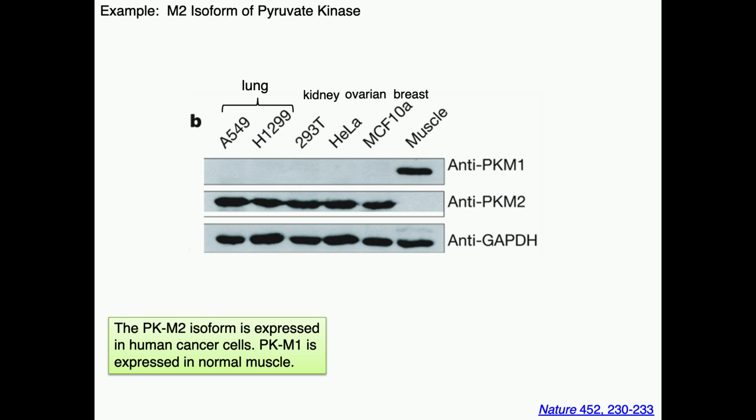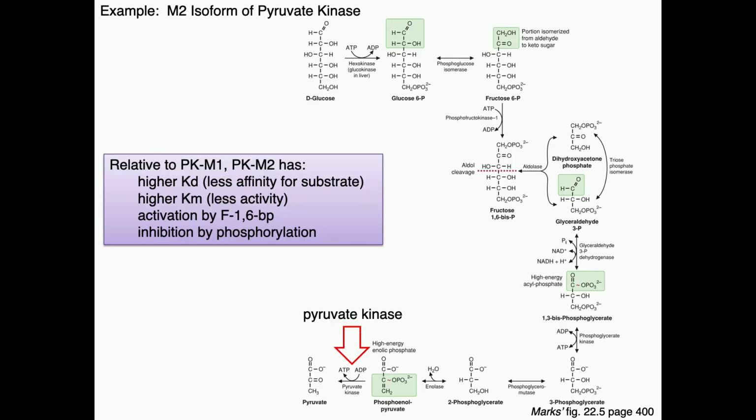What are these? Yep, so these are all cell lines that are derived from human cancers of different types. They all have switched to this embryonic form of pyruvate kinase. Make sense? And if you look in primary tumors, you get the same effect.